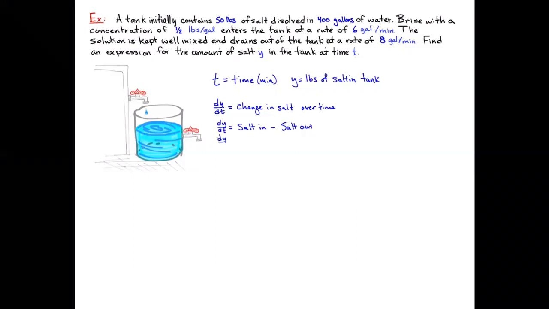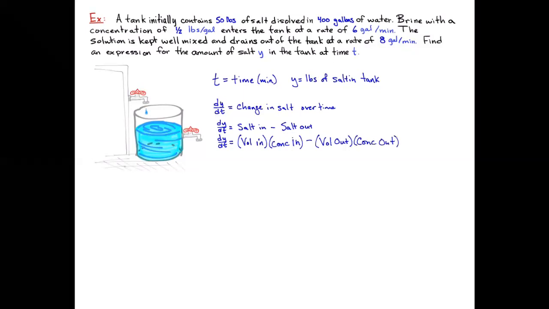The salt in we can find by multiplying the volume in times the concentration in. And the salt out we can measure the same way: volume out times concentration out.